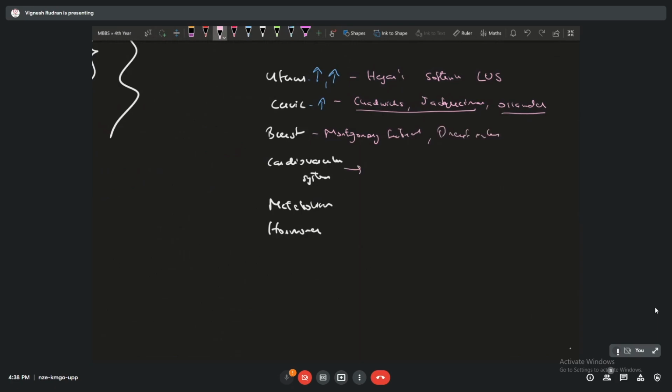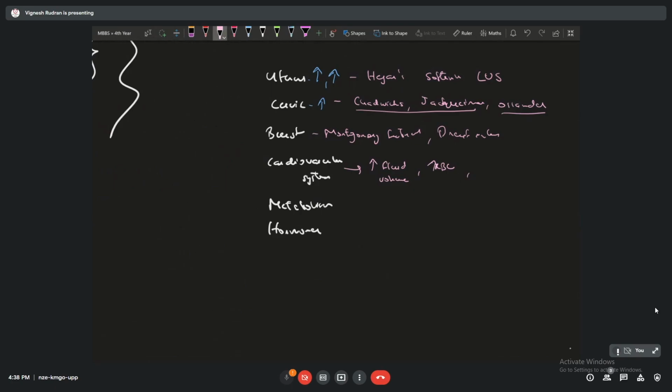In your cardiovascular system, you have an increase in fluid volume and an increase in RBC mass, but the proportion is not there. It's not like both increase equally.